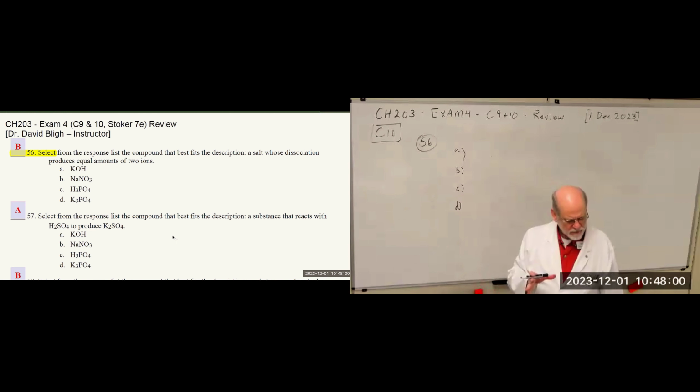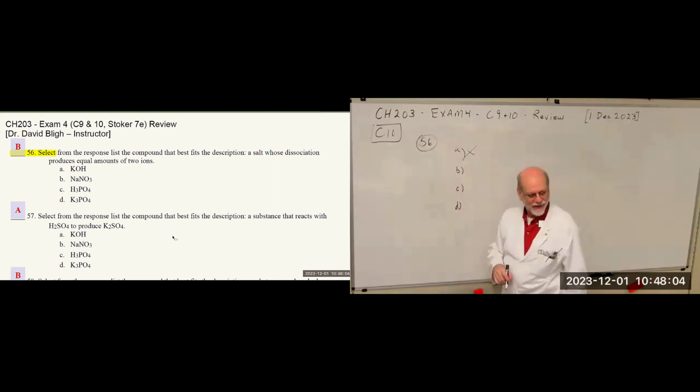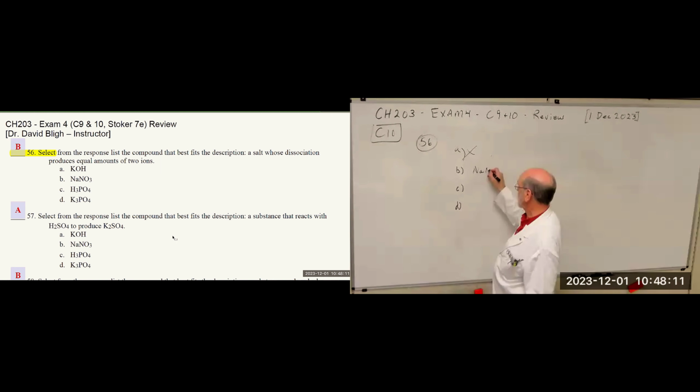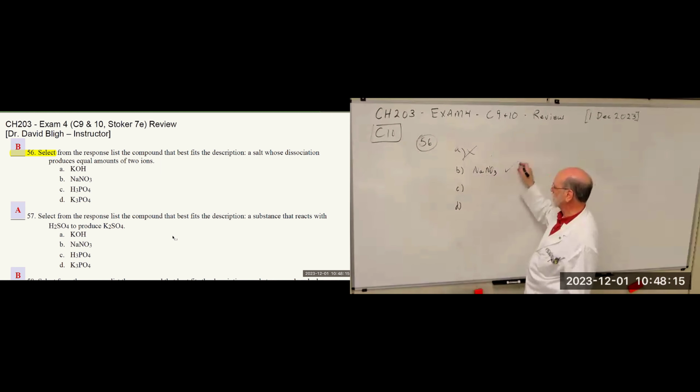So we have to have a salt. Is KOH a salt? Nope. KOH is a base. How about sodium nitrate? Yeah, that's a salt, and it produces equal amounts: a mole of this for every mole of that. So that's a good one.